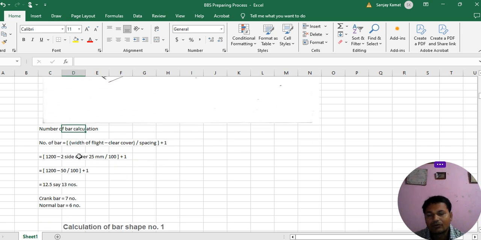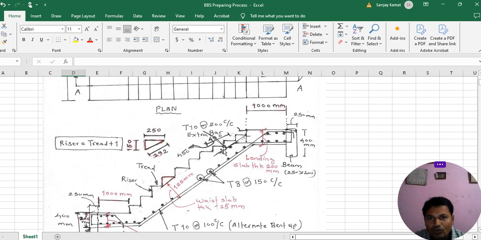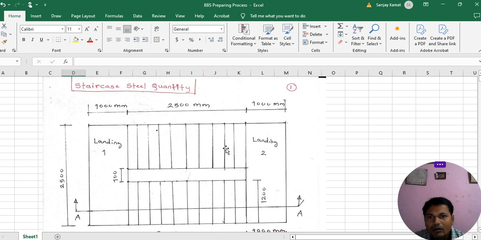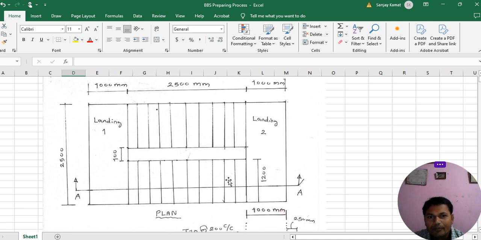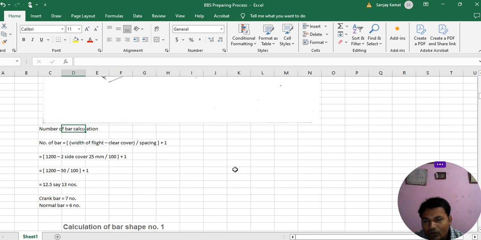So now, width of the flight is how much? 1200. As you can see, width of the flight is 1200 mm, minus clear cover.